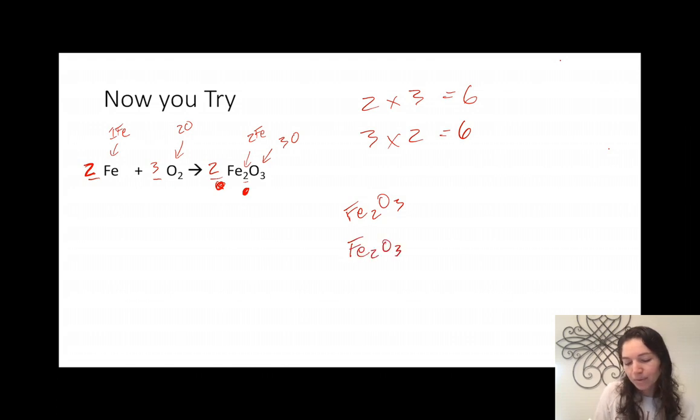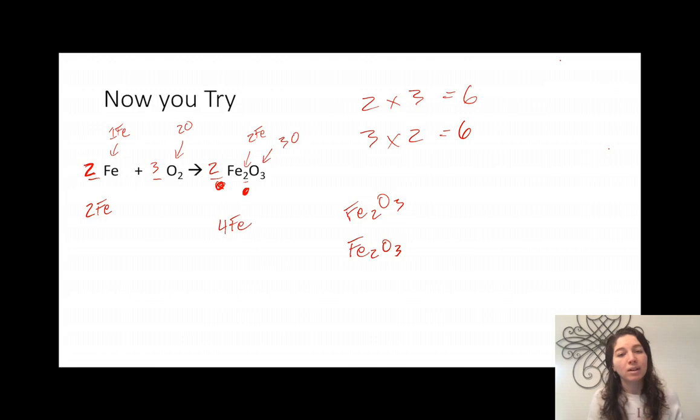We've doubled that, which means that if we counted, we have 4 total irons on this side, and we've got 2 irons on this side. So we're going to up the number on the left in order for it to equal the number on the right. So we're going to amend what we wrote down, and this will now become a 4.